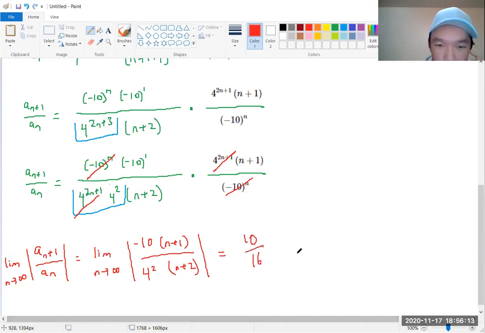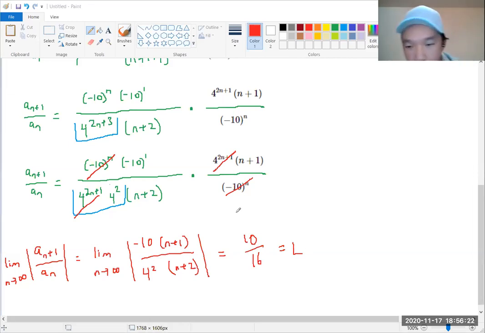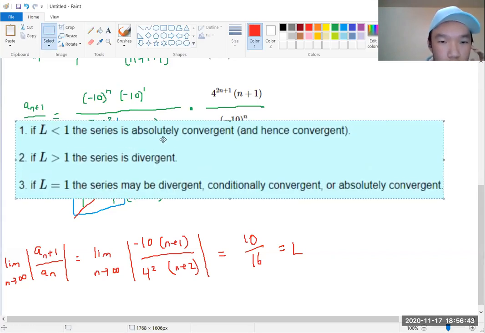This is basically like your L for the test. So going back to the test, if our L is 10 over 16, what does that mean? I don't remember what it said. Let me just go back. Okay, so here was the conclusion. So based on our number, what can we say?